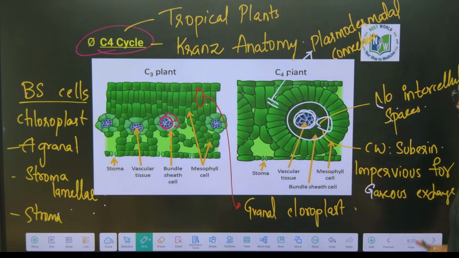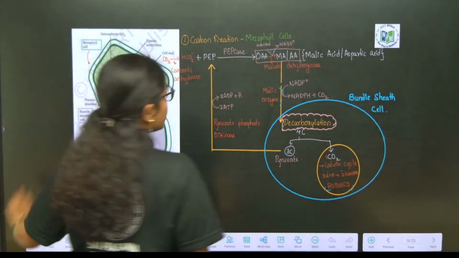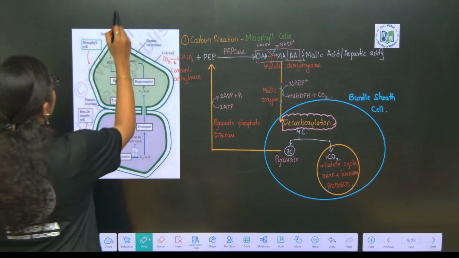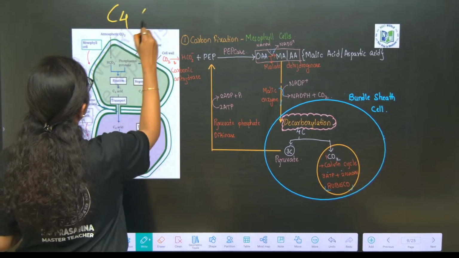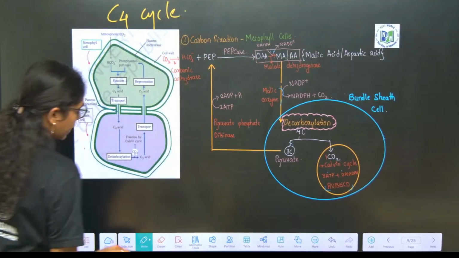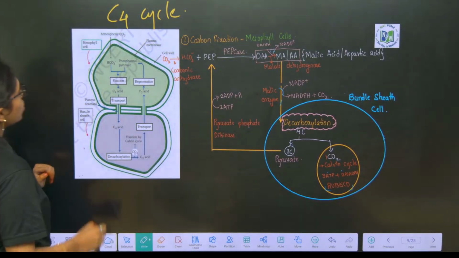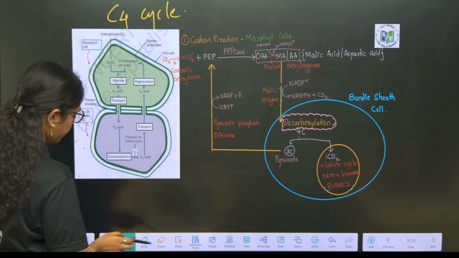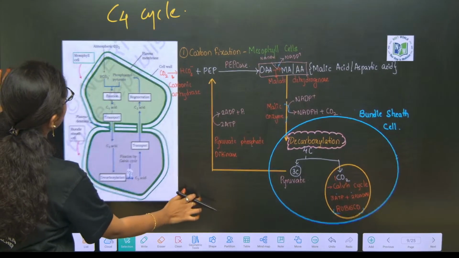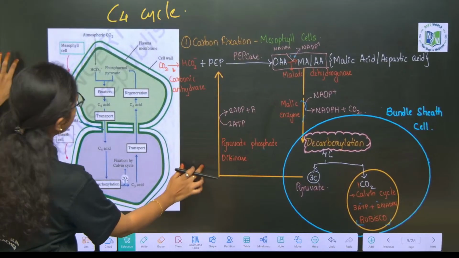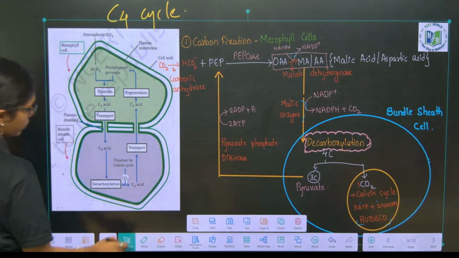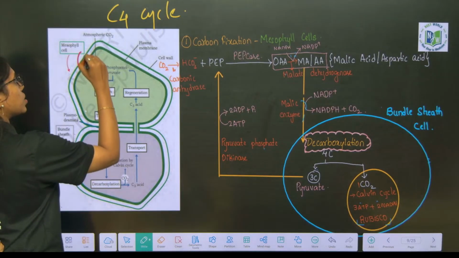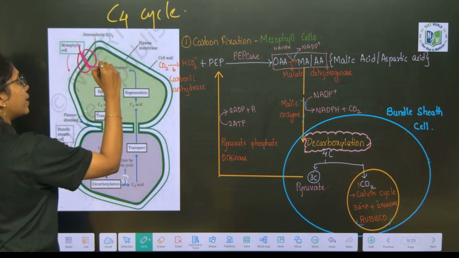Now we will understand the mechanism of the C4 cycle. It will be clear to you. Listen carefully. First, in gaseous exchange, carbon dioxide enters into mesophyll cells.